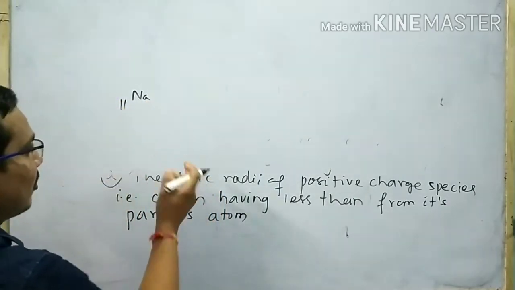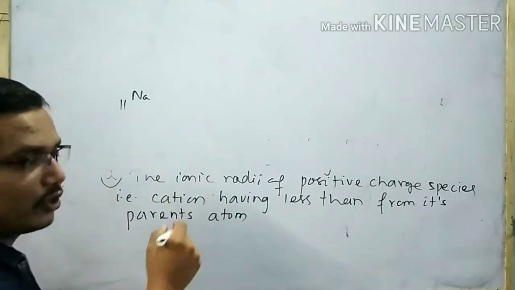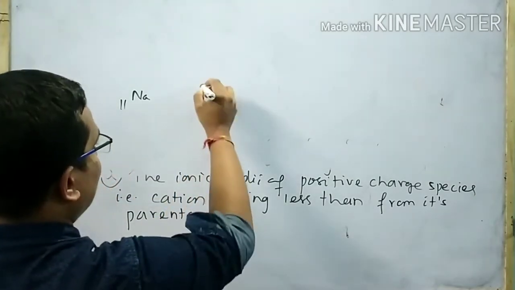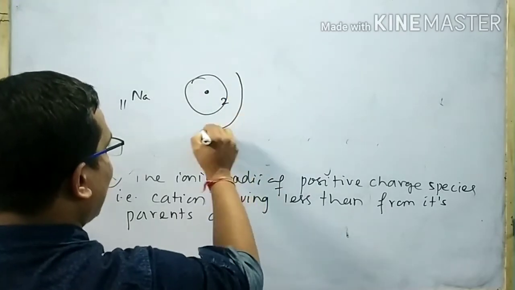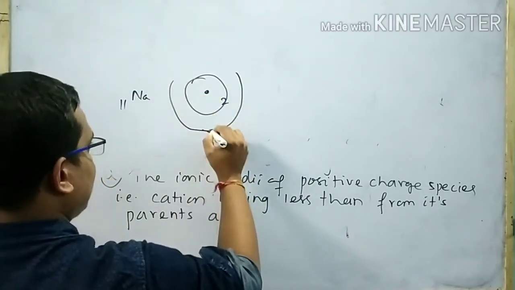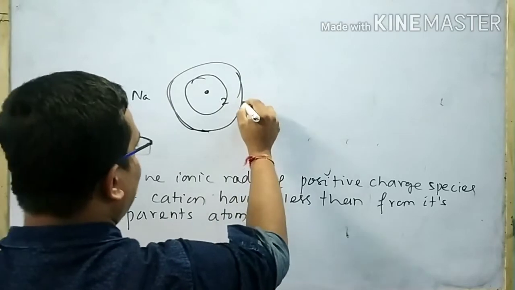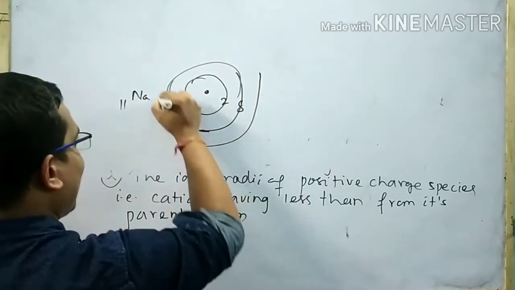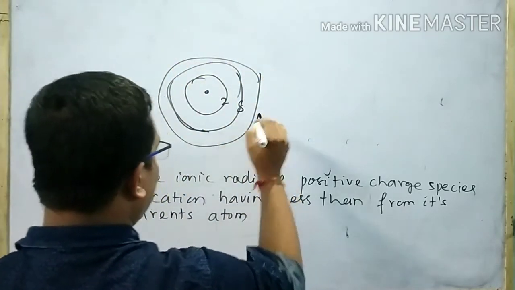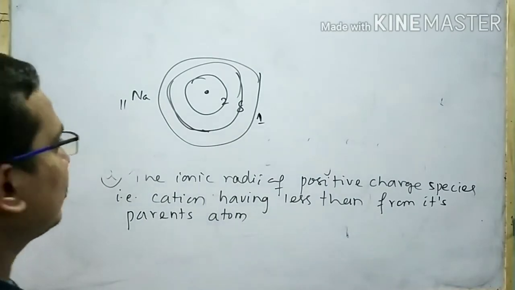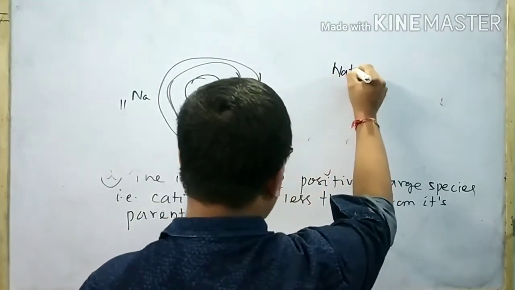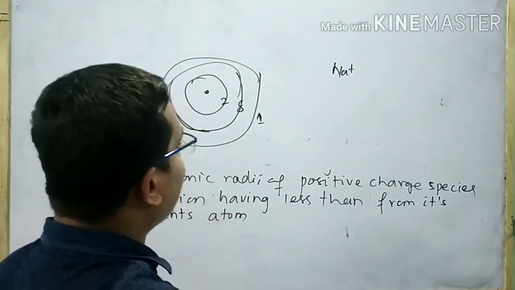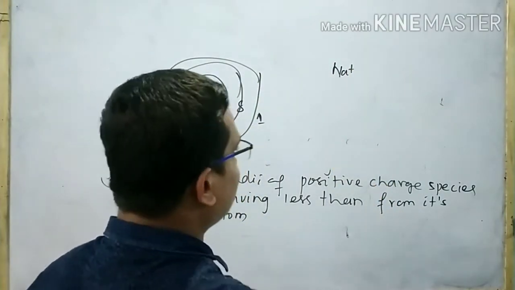If I want to draw the electronic configuration of sodium, then this is the nucleus. This is the K shell having 2 electrons. This is the L shell having 8 electrons. This is the M shell having 1 electron. This is the electronic configuration of sodium. Now I want to draw the electronic configuration of Na+. Na+ has 10 electrons.